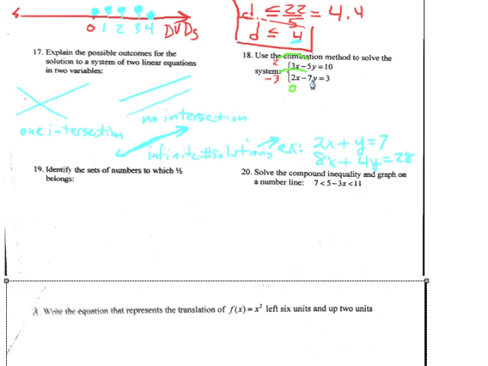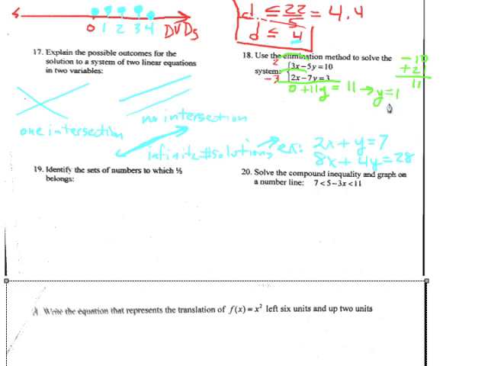So negative 10 plus 21 is 11, and that's how many y's we have, plus 11y. And here we have 2 times 10, which is 20, minus 9, which is 11. So you can just do this with mental math. 0 plus 11y is equal to 11. That means y is equal to 1. That's the easiest elimination route you can take.